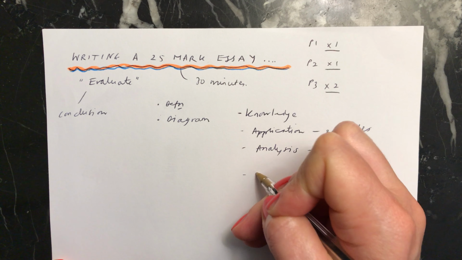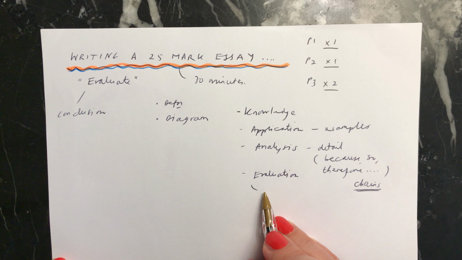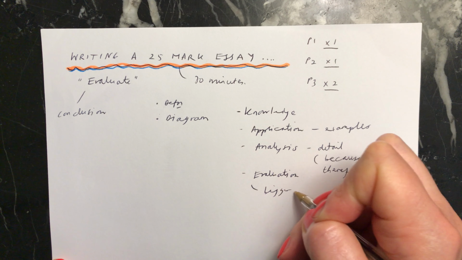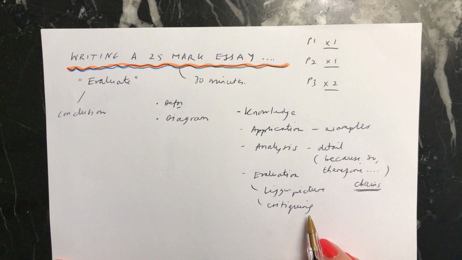The final section is the evaluation. Evaluation sounds more confusing than it really is. All evaluation is looking at the bigger picture. It's taking a step back and critiquing what you've written. So you write something and then you think, oh, is that really right? Will that really happen? Will it always happen? Will it happen in that way for all firms?